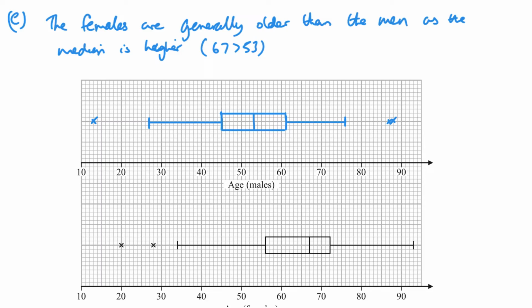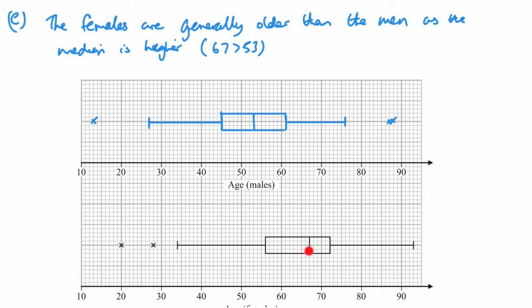Now you can look at comparing quite a few bits of data here, but if I look at the median of the females, for example, 50% of the females here you can see are 67 or above. That value is bigger than this one here, which is the upper quartile. That means this bar only accounts for 25% of the men, whereas this counts for 50% of the men.